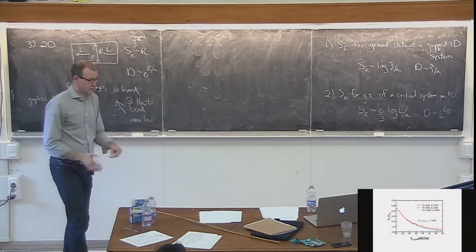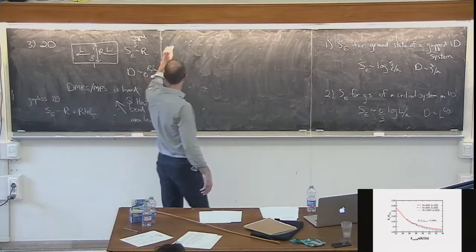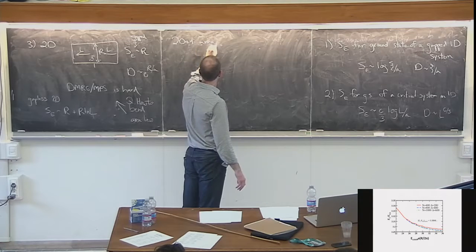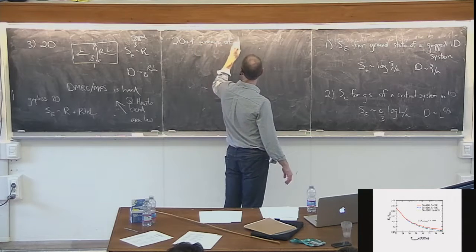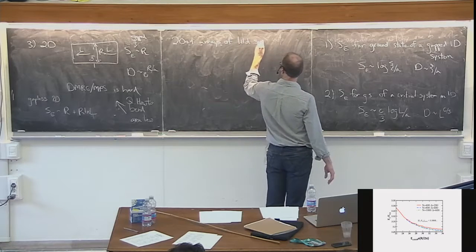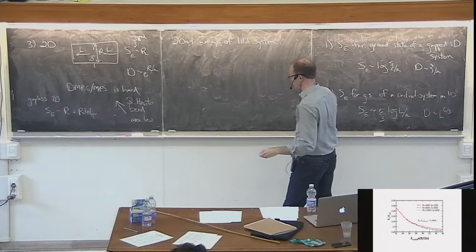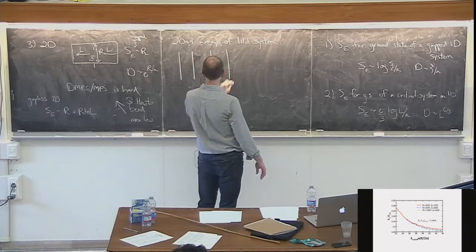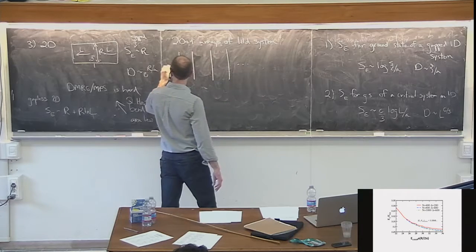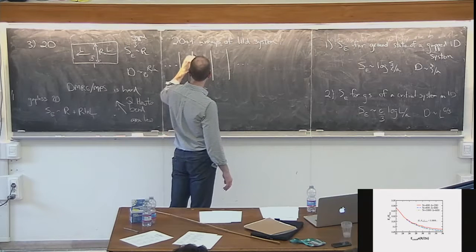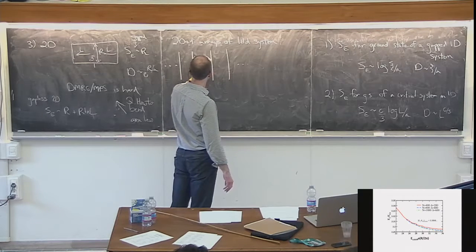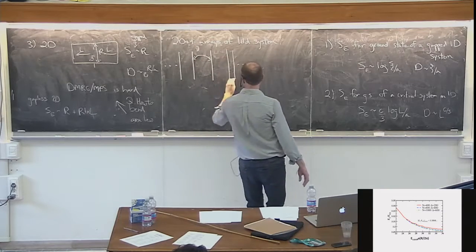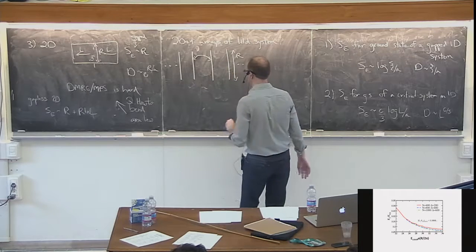So what we do in 2D is treat the 2D system as a one-dimensional array of coupled chains, where each chain is of length r.